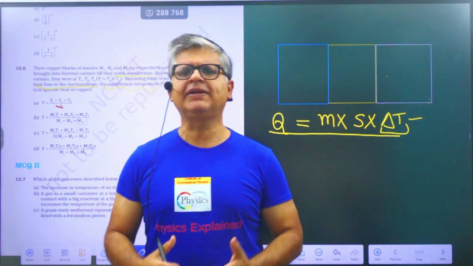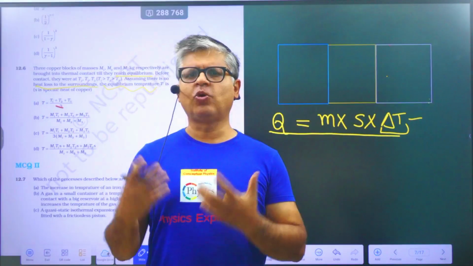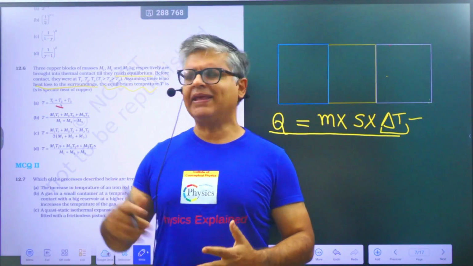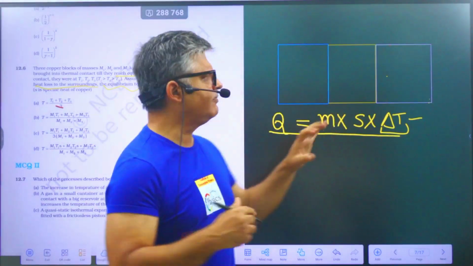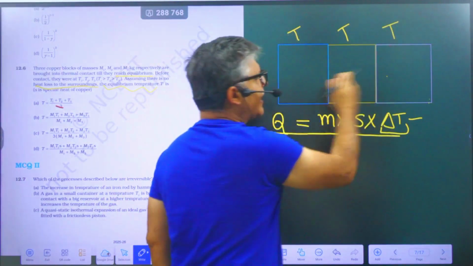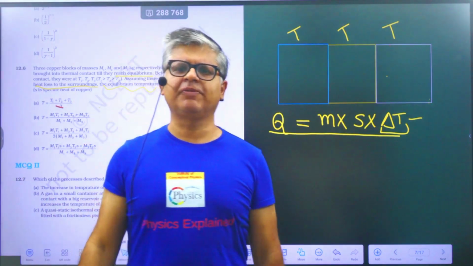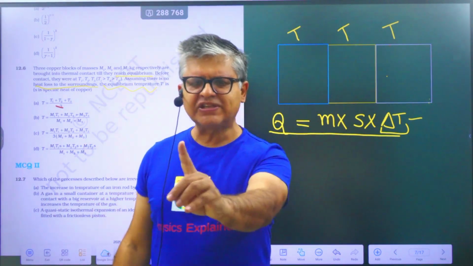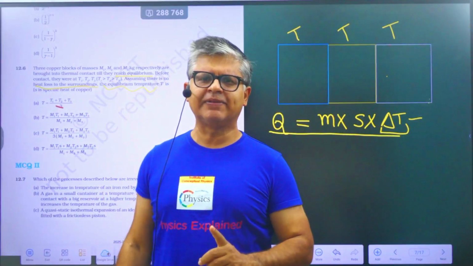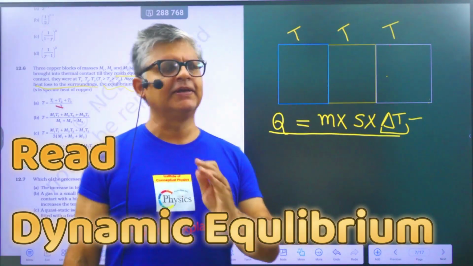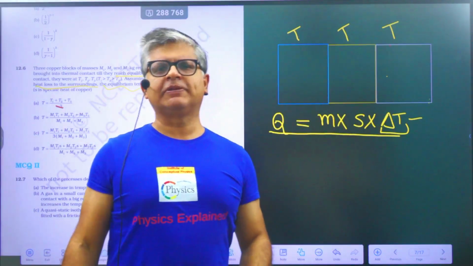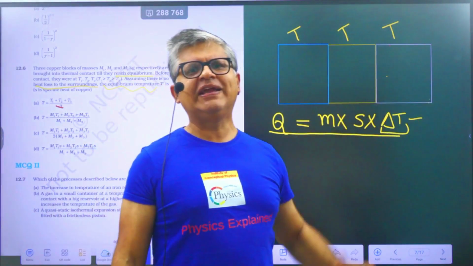Equilibrium is a state where the flow of energy between the blocks will stop and each block will be at temperature T. They cannot exchange energy between themselves. There is still a dynamic equilibrium, and you can read about dynamic equilibrium, an important concept. But because the temperatures are the same now, there is no more transfer of heat between them.